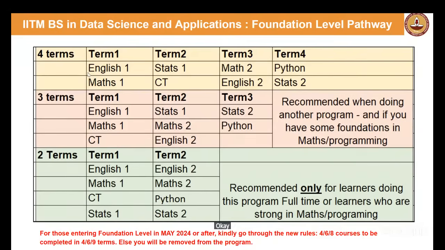Do we have to submit any kind of assignments during this time? Yes, assignments are mandatory in order to have your eligibility. How do we submit those assignments? After you get the course access, you will have a course portal. In that you will have options for assignment submissions. Okay, ma'am. Thank you.